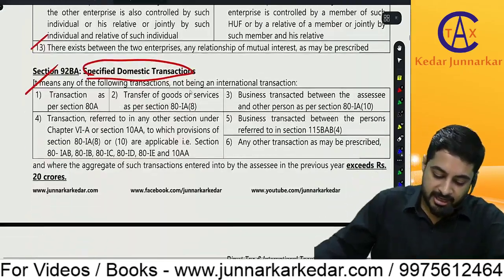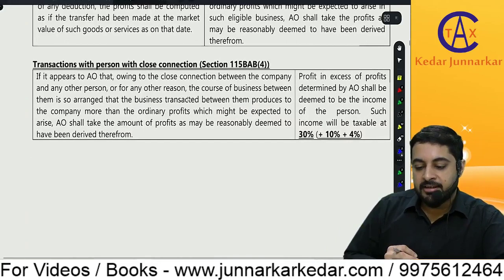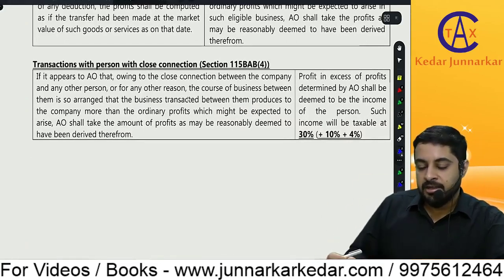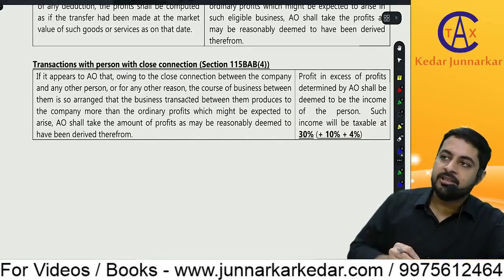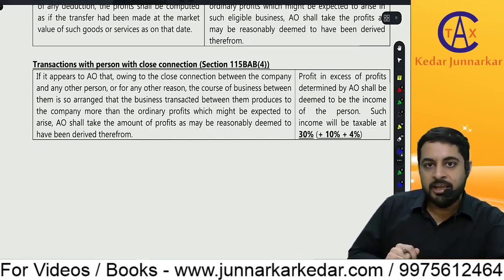Let's write down all these cases. A direct question can be asked in the exam, or if it is a numerical question where we have to find out the primary adjustment or secondary adjustment, there they don't give that they are AEs. They'll give that this Indian company holds 30% shares of the foreign company. So it is deemed to be AEs.